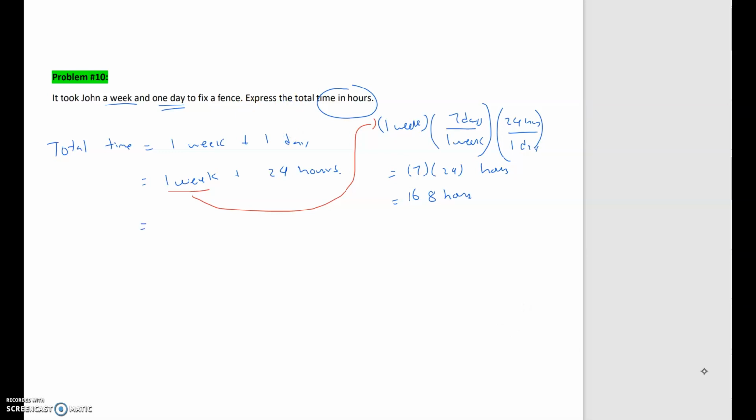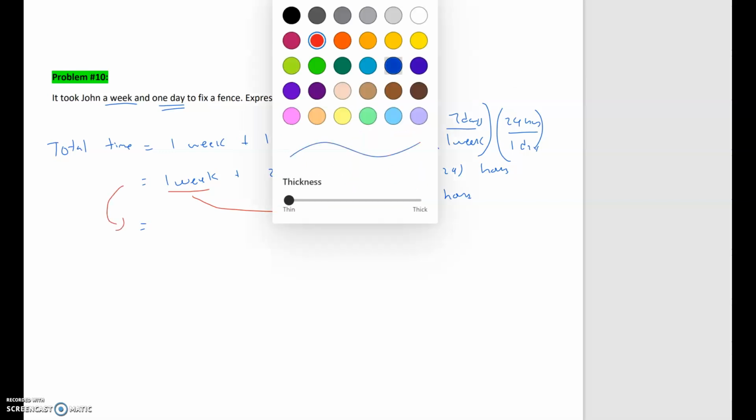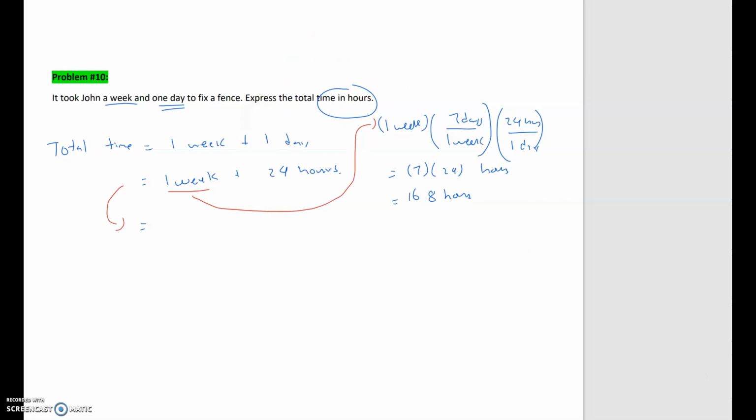So going back to the original problem, we're writing it as 1 week, 168 hours, plus the values of 24 hours. This is going to be equal to, this is going to be a 2. I'm getting 192 hours.